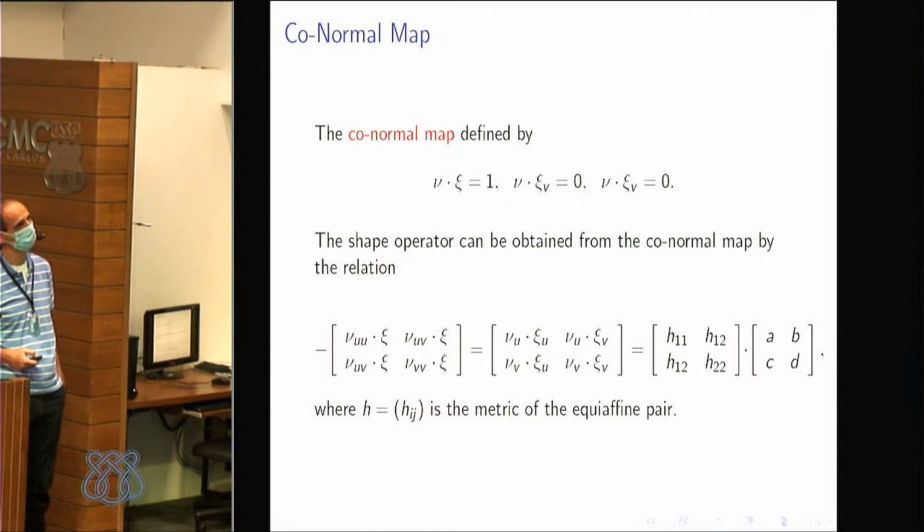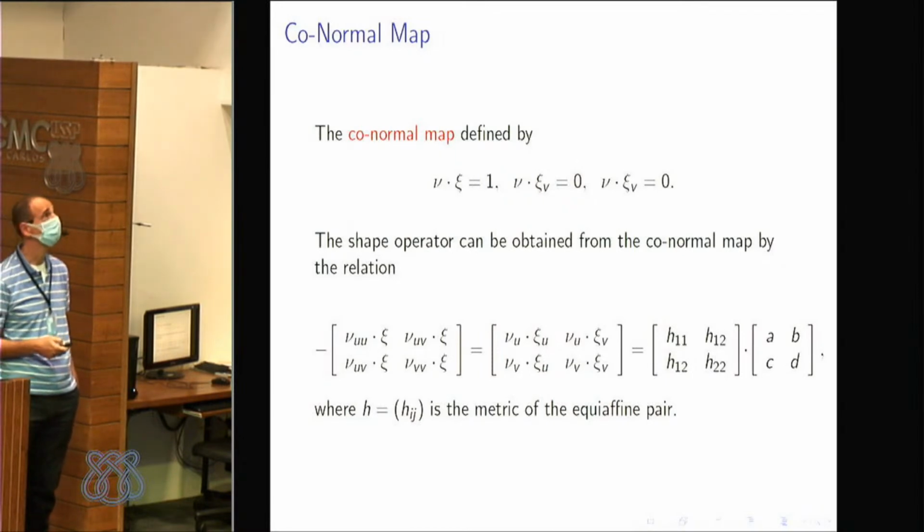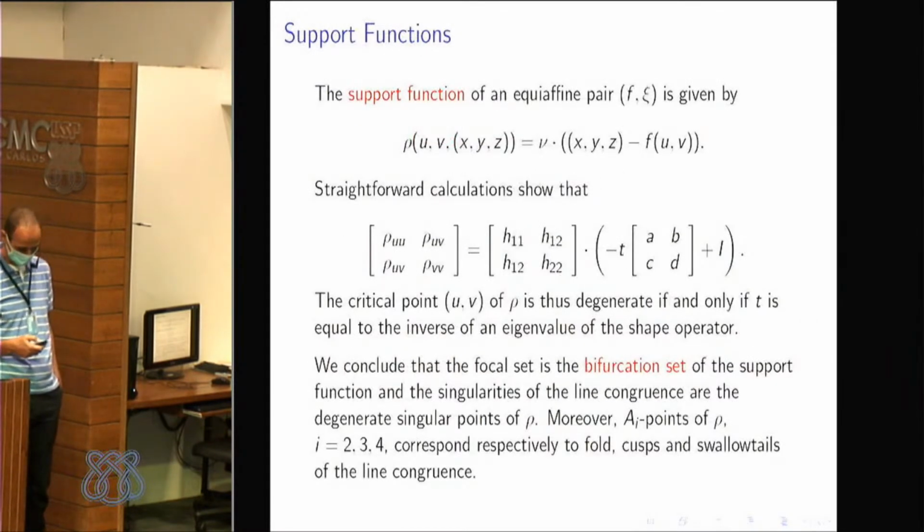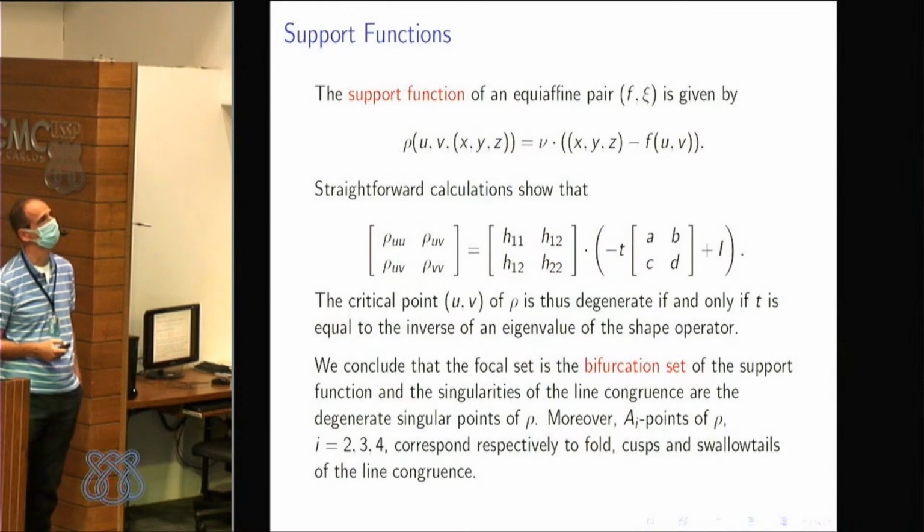The shape operator can be represented by the conormal map in this way, where, since this is non-degenerate, you can calculate the shape operator from the conormal map. And also the support function, it's well known.